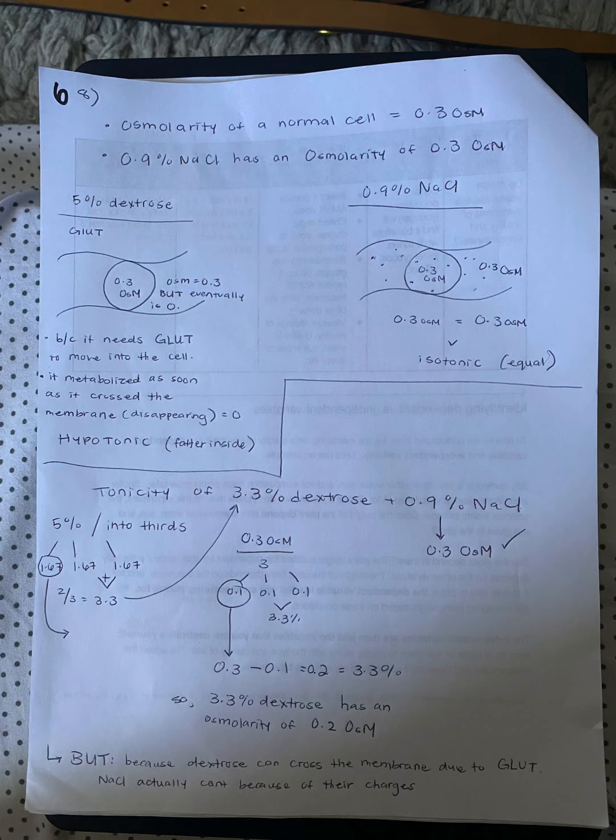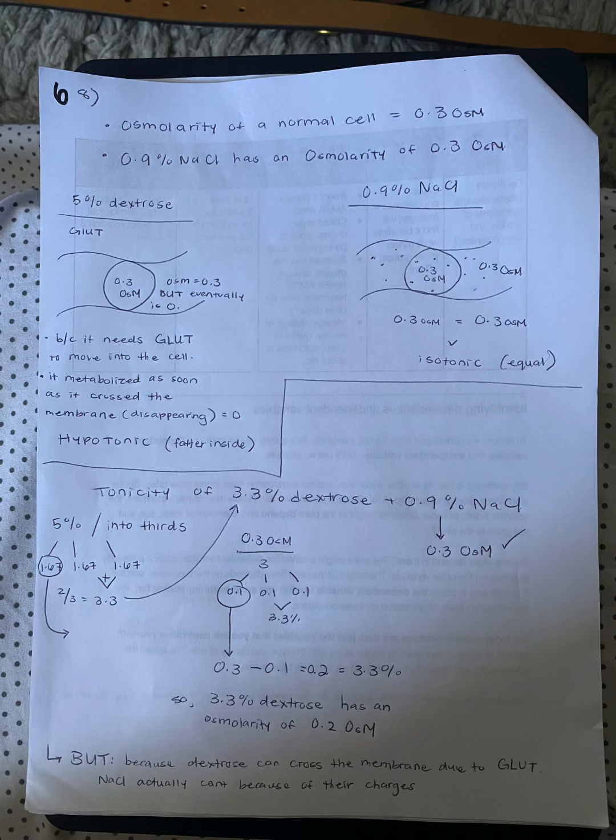Because it's metabolizing as fast as it does, eventually that 5% dextrose will become 0 as its osmolarity, thus making the overall situation hypotonic, because after dextrose moves inside the cell, it disappears. So the only osmolarity left is that of inside the cell, which makes the cell fatter than the outside. So it's as if saying 0.3 compared to 0.